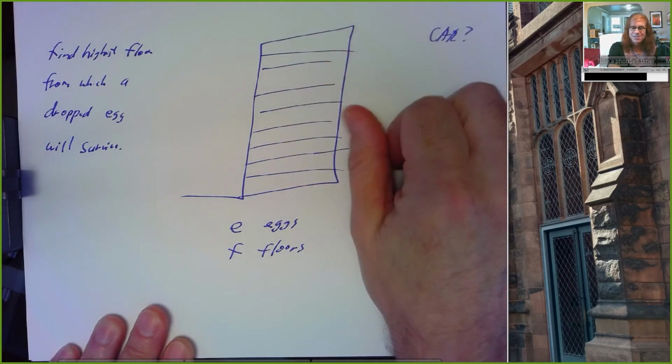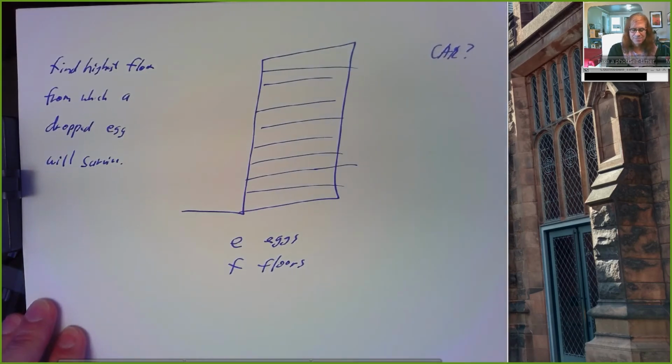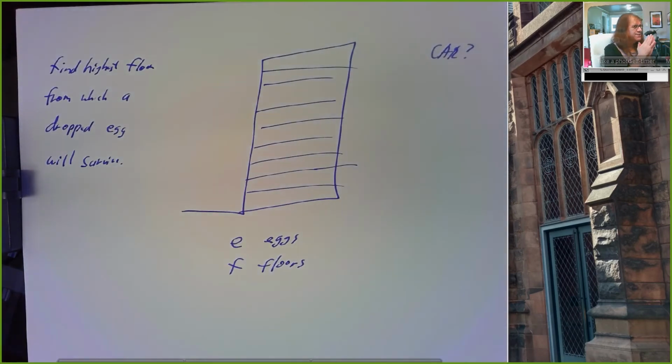So these are idealized eggs in idealized situations. This means that we can start conducting experiments. By dropping eggs from different floors, we can see if they break or if they survive, and we can make some hypotheses and test those by running more experiments.